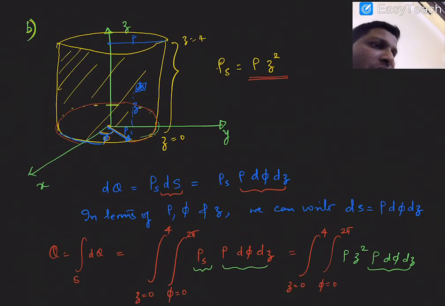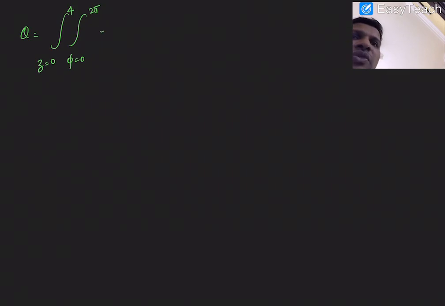My charge is equal to the integral where z changes from 0 to 4 and phi changes from 0 to 2 pi. Next, you have rho here and another rho here, so rho square into z square. So it becomes rho square into z square into d phi dz.